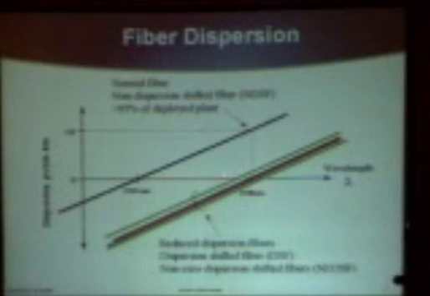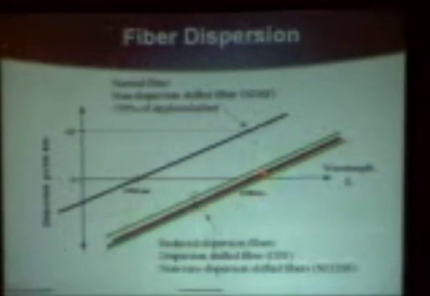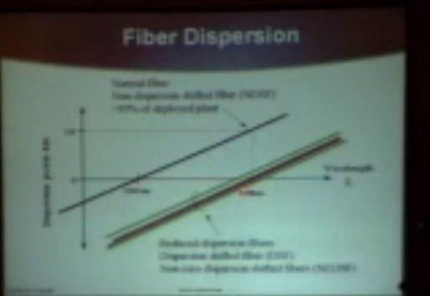And then when people started working in the 1550 range, they went to this kind of fiber, which was dispersion shifted originally, but then they found that when they turned WDM on in the 1550 range, that dispersion was a good thing. So instead of having dispersion shifted fiber, they went to non-zero dispersion shifted fiber, which gives you a small amount of dispersion, but not zero at 1550.